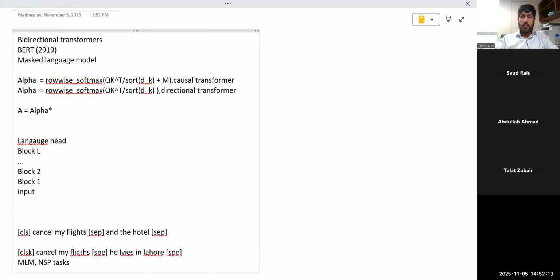Of course, the original BERT में था, some variants of later on of this used only one, meaning the mask language model only, not the next sentence prediction. ठीक है?